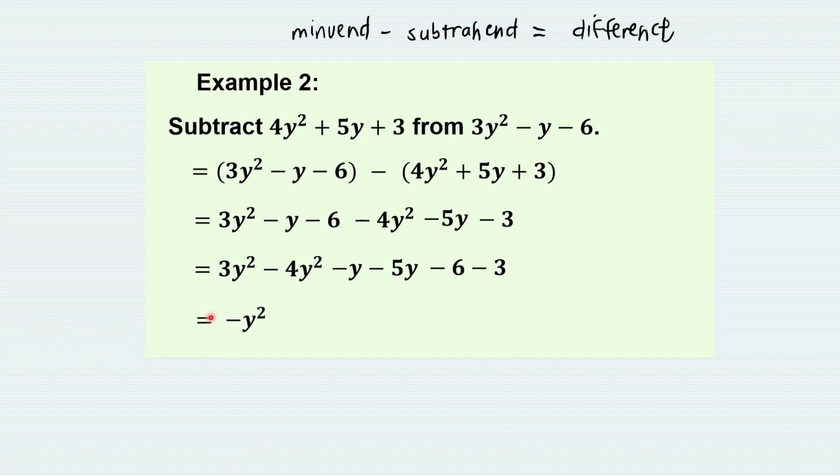Thus, we have here negative y squared. No need for you to write the numerical 1 here. It is understood that this is negative 1 y squared. Next, negative y minus 5y will be negative 6y. And then negative 6 minus 3 is negative 9.